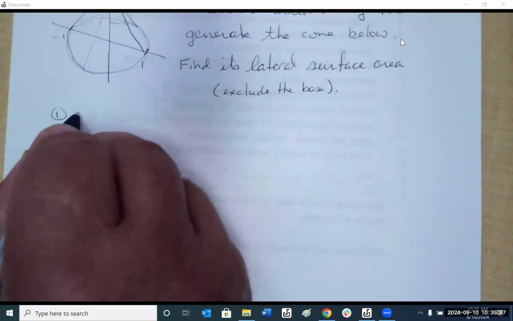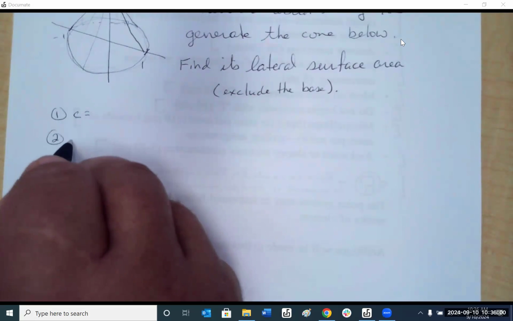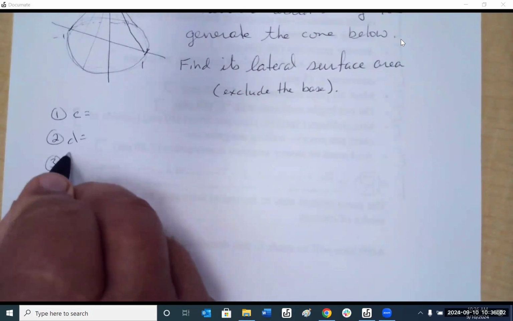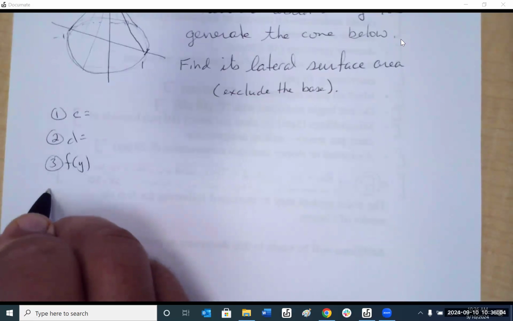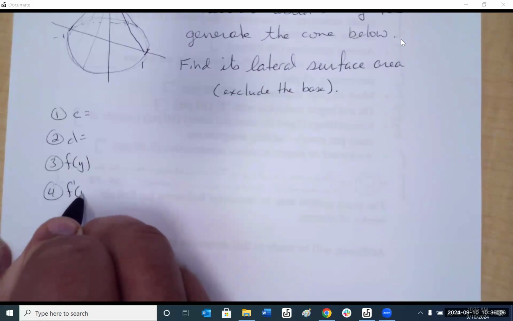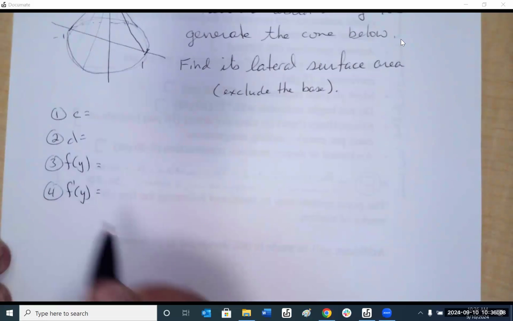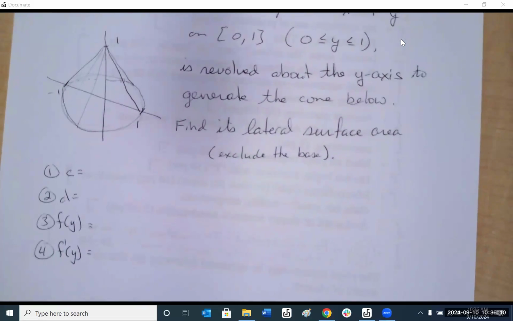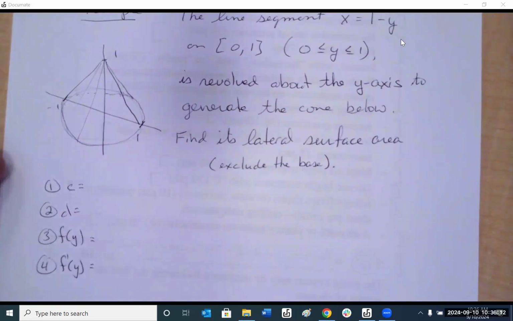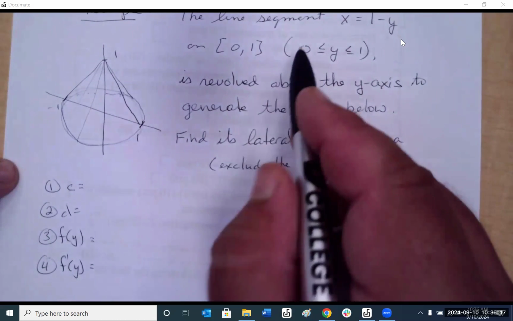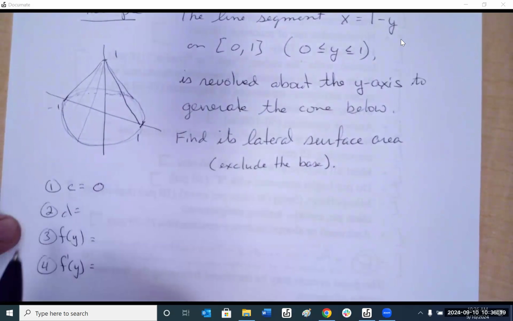So what is C? What is D? What is f of y? And then what is the first derivative of f of y? So what's C? C is 0. D is 1.